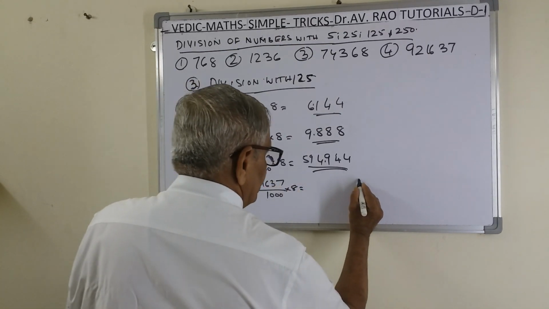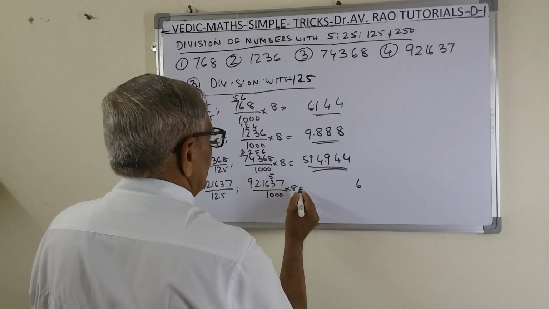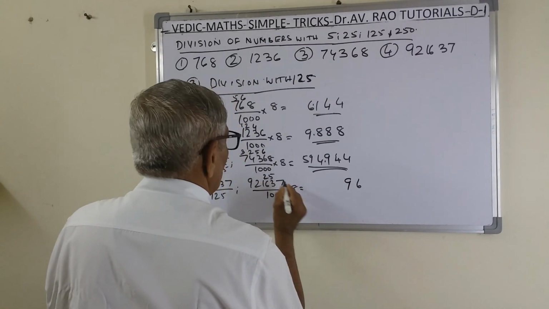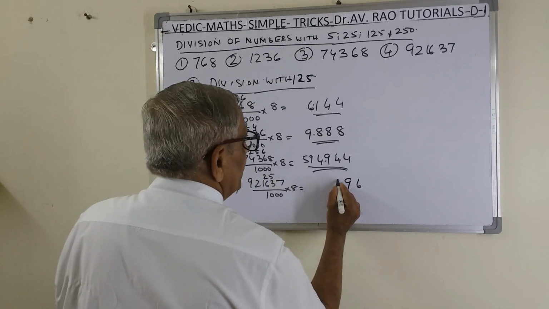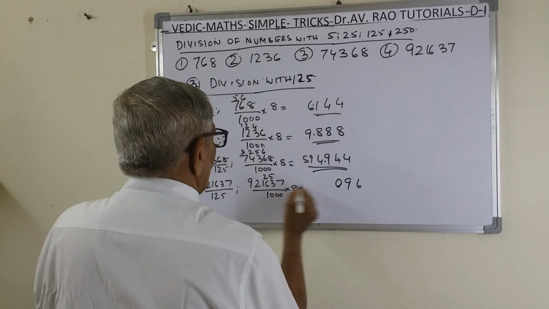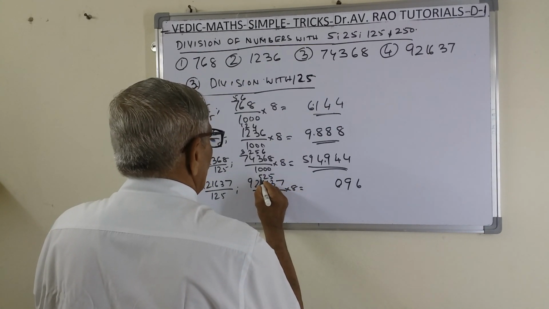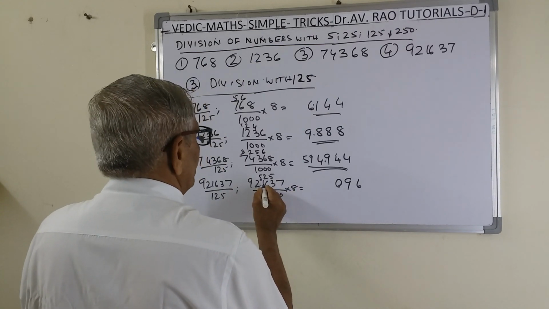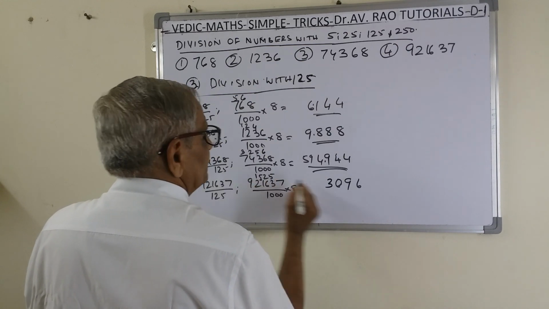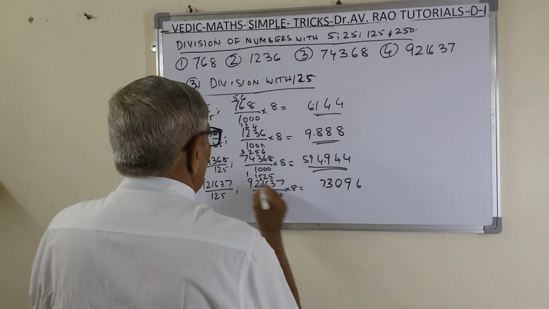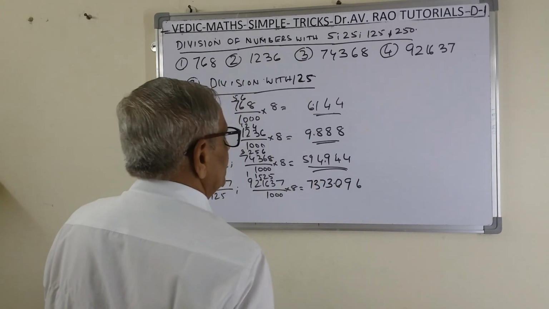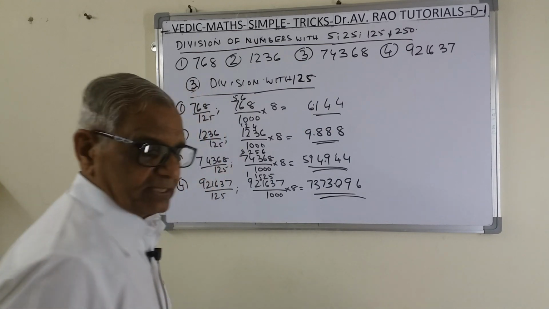So 8 sevens are 56, 5, 8 3s are 24 plus 5 is 29, 2, 8 6s are 48 plus 2 is 50, 5, 8 1s are 8 plus 5 is 13, 1, 8 2s are 16 plus 1 is 17, 1, 8 9s are 72 plus 1 is 73. So put a dot here. This is 7373.096.